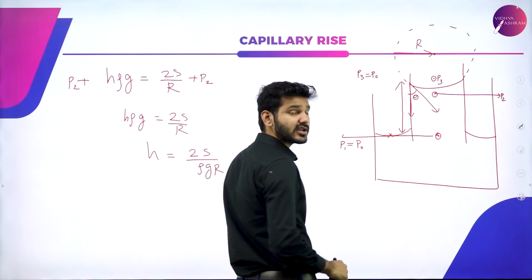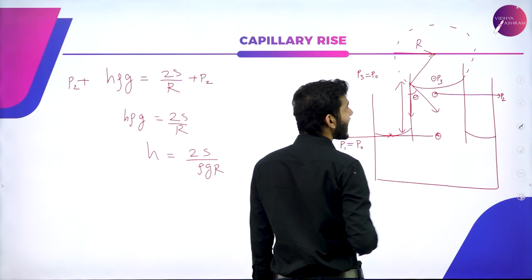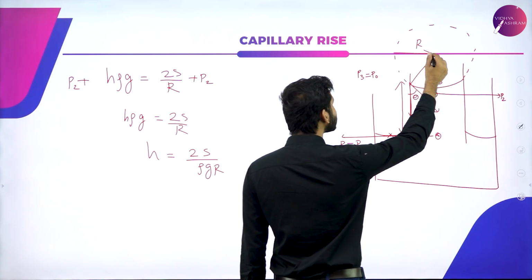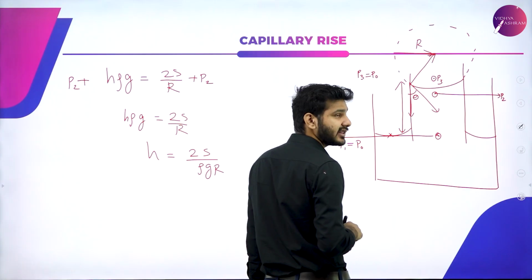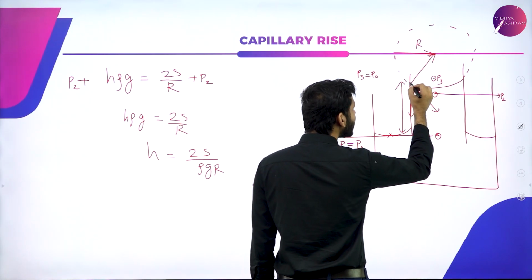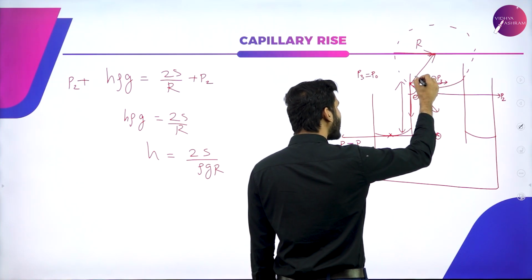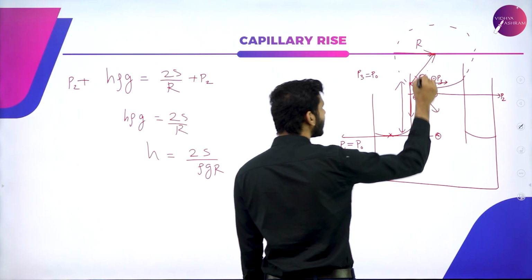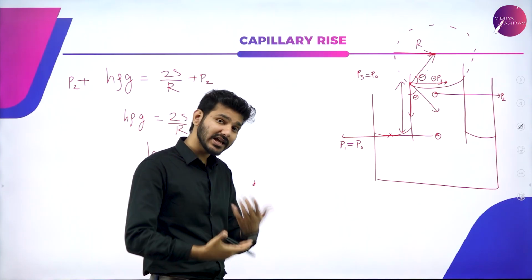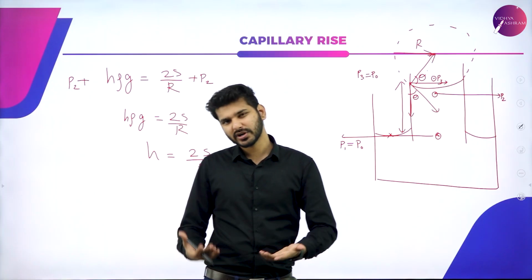So if this is the contact angle theta, then what will one more angle be? For that, we are taking a radius vector like this. And from here, again, I'm drawing one more tangent like this. So what will this particular angle be? That will also be theta, because you have studied this in high school, you don't need the proof.